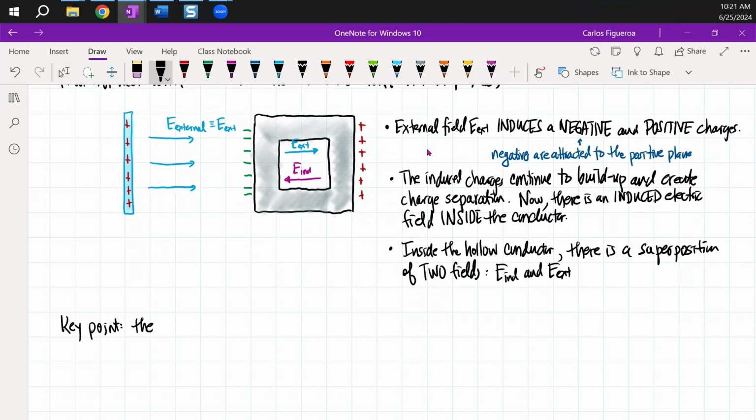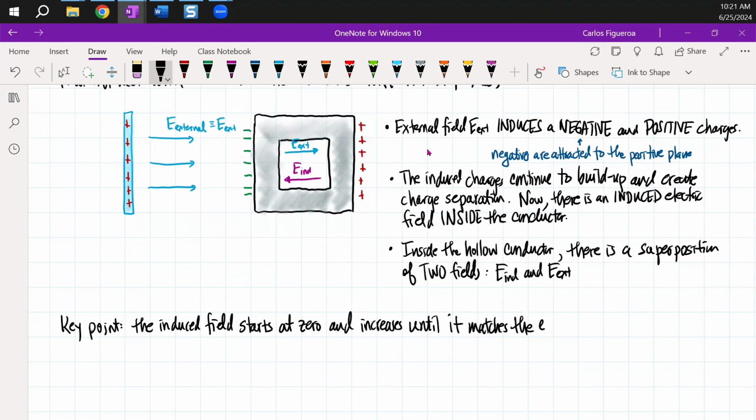The induced field starts at 0 and increases until it matches the external field's strength.